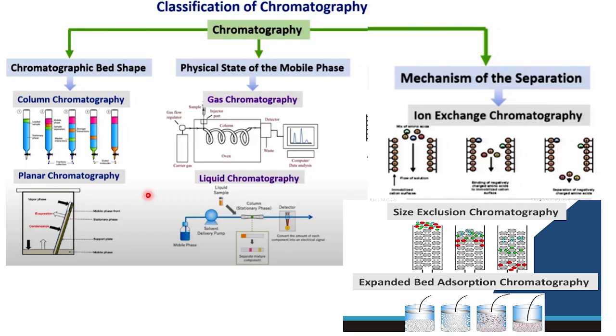Based on the physical state of the mobile phase, we can categorize chromatography into two categories: gas chromatography, where gas is the mobile phase, and liquid chromatography, where the mobile phase is in the liquid state. And based on the mechanism of separation, we can differentiate into ion exchange chromatography or size exclusion chromatography.